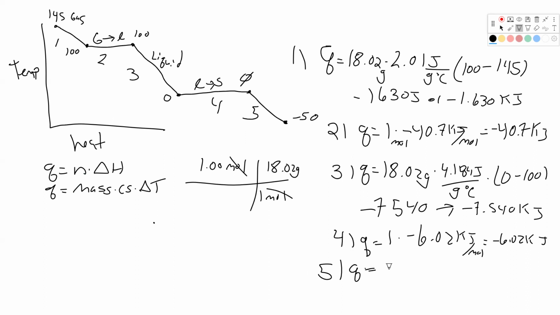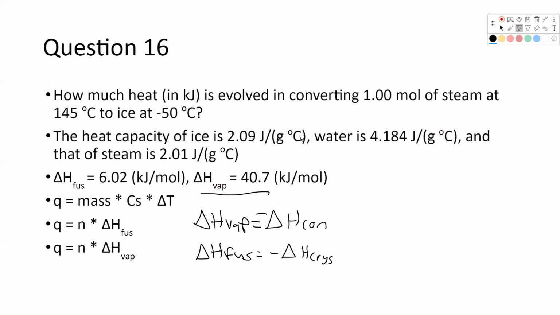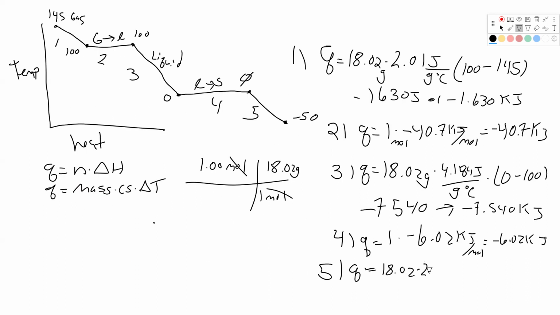So Q equals the mass, 18.02, times the heat capacity of ice, which is 2.09 joules per gram Celsius. Our weight was in grams, multiplied by our change in temperature. Our final temperature is minus 50. Our initial is 0.